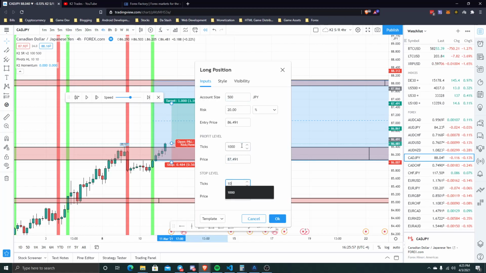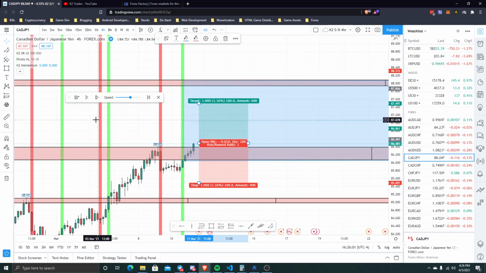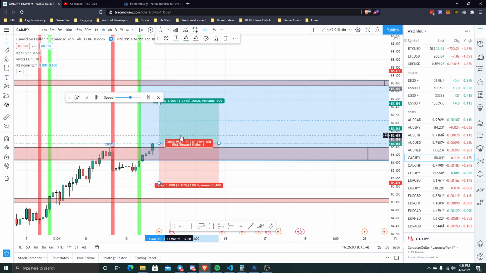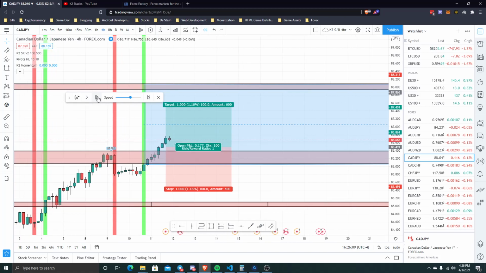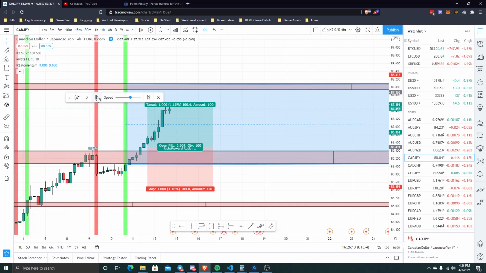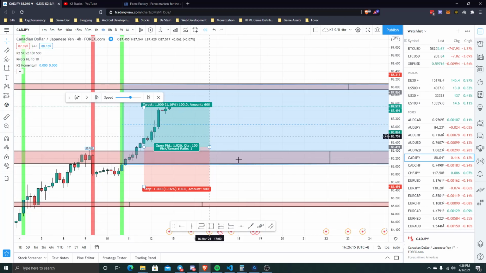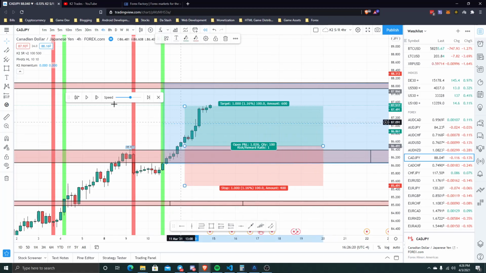So I play it safe, 100 to 100, 1 to 1 when it comes to this K2 strategy. If we continue, as you can see, we hit full TP easily.